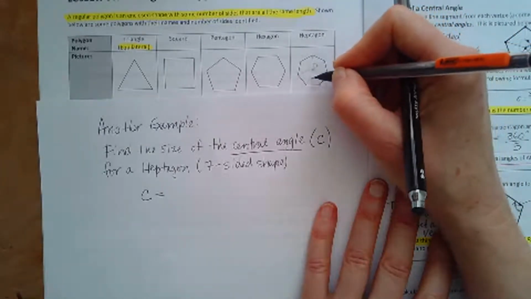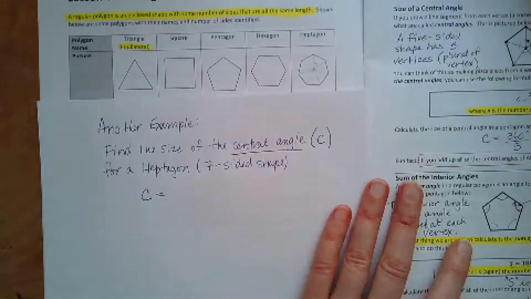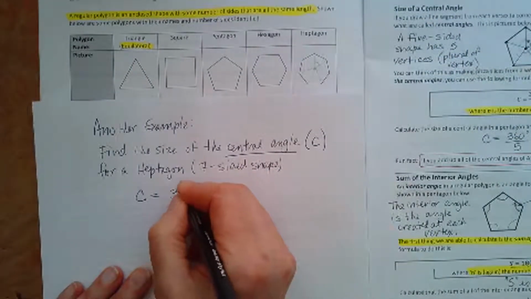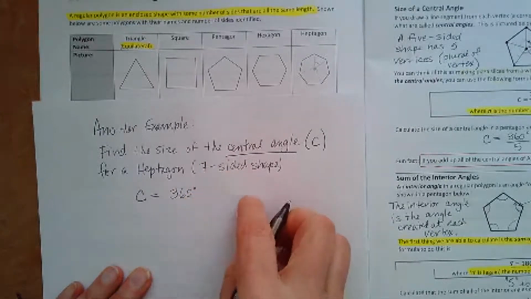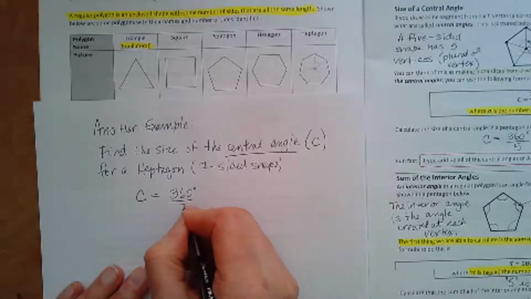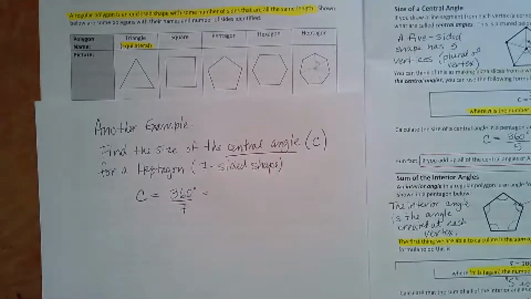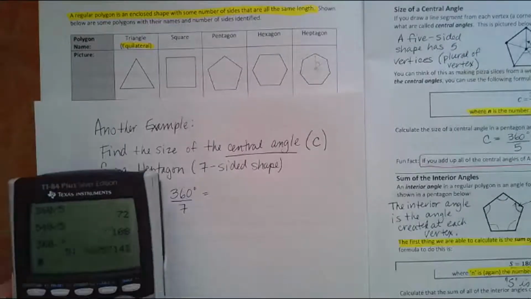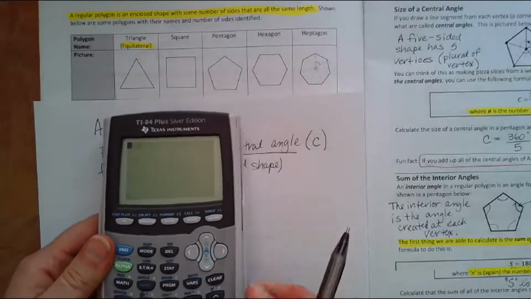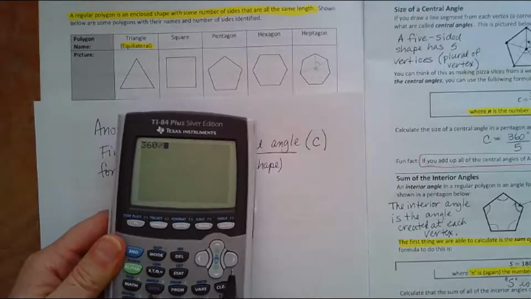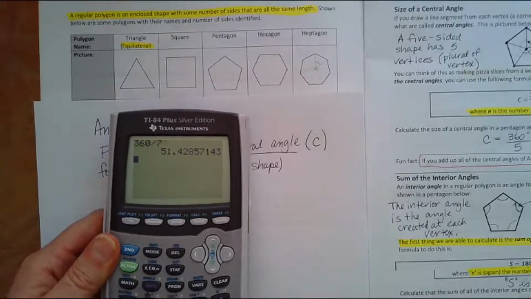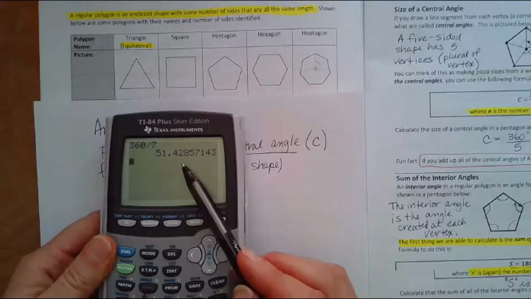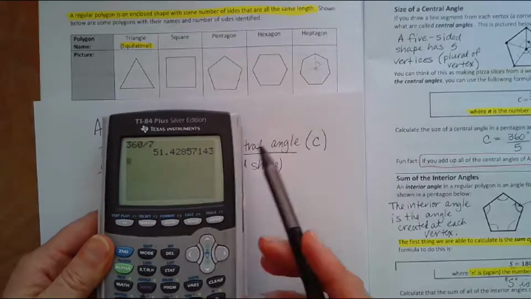So all of the central angles add up to 360. So I'm just going to take 360, my full complete rotation, divided by 7. And that gives me, okay, so this time I don't get a nice complete answer. 360 divided by 7 is 51.43 degrees.